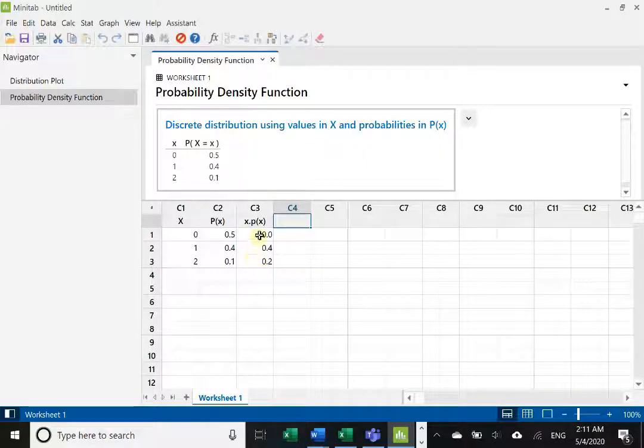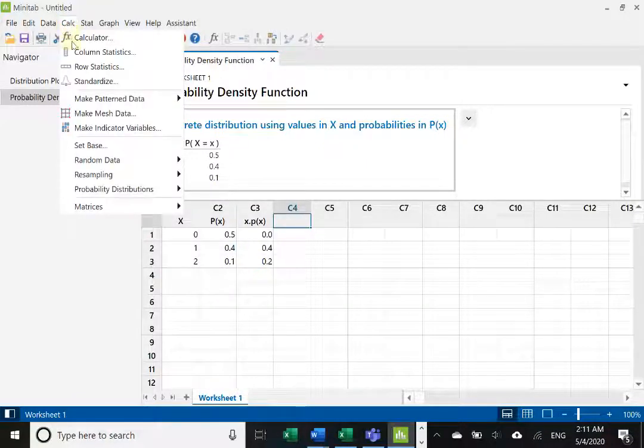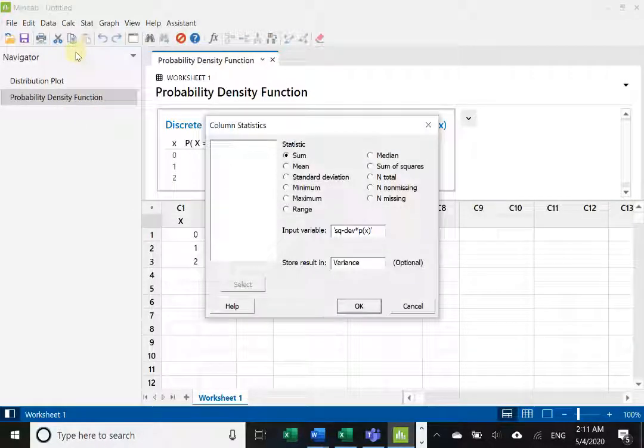So let's go ahead and calculate mu, because mu is the sum of XPX. In other words, if you add these up, you get your mu. So I'm going to go to Calc, Column Statistics. Here it gives you a list of statistics. For that column of XPX, what I want to do is calculate the sum.